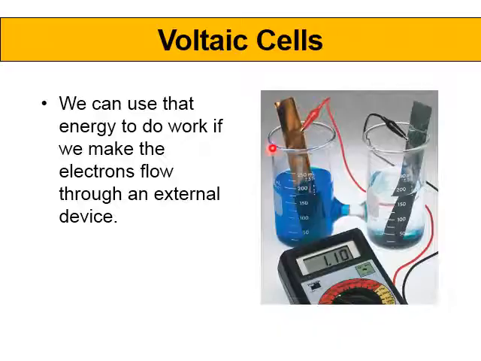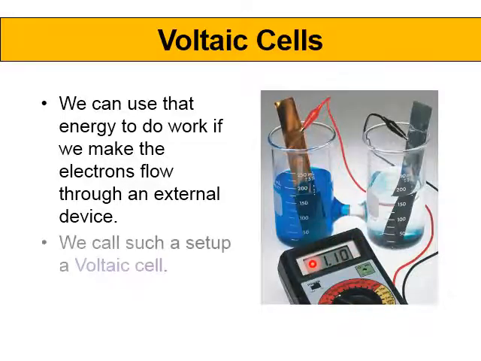For the voltaic cell, we can use that energy to do work if we make the electrons flow through an external device. Normally we connect our strips with the external device, for example the wire here towards the voltmeter. This setup is called a voltaic cell.